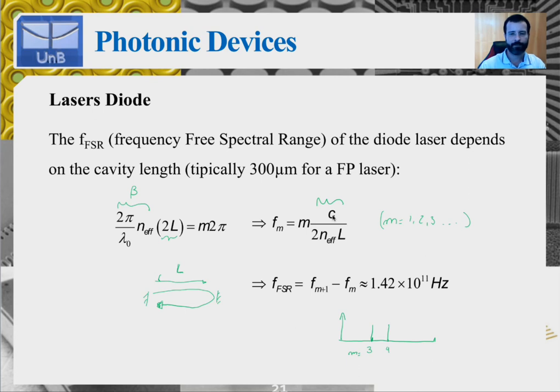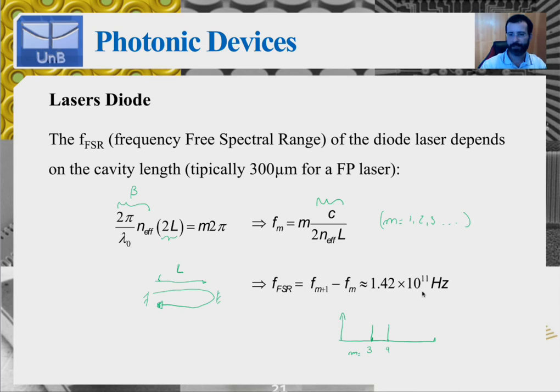Speed of light in vacuum is 3 times 10 to the 8th. So we get 1 times 10 to the 8th divided by 5 or 6, and we get a number which is close to 1.5 times 10 to the 11th. So this corresponds to what?